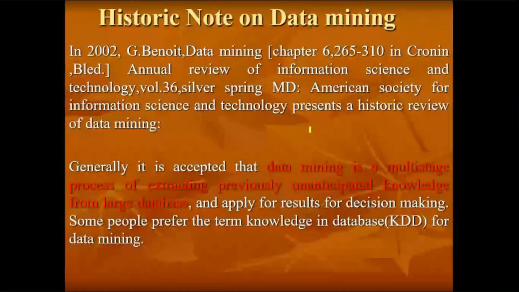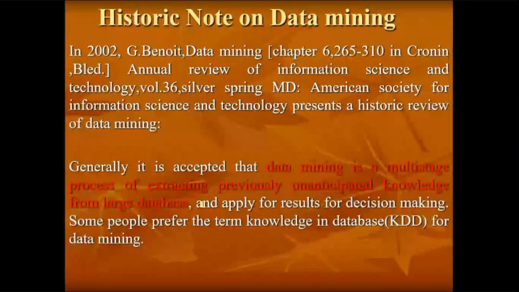If we read chapter 6, some history about data mining is given. In a general way, data mining is a multi-stage process of extracting previously unanticipated knowledge from a large data set and applying the result for decision making.